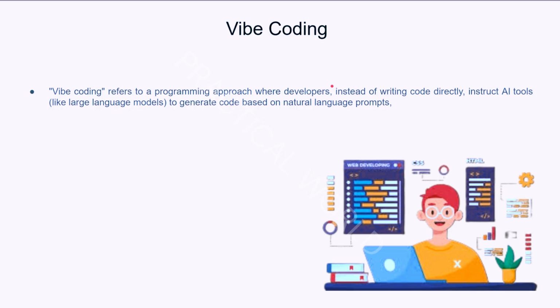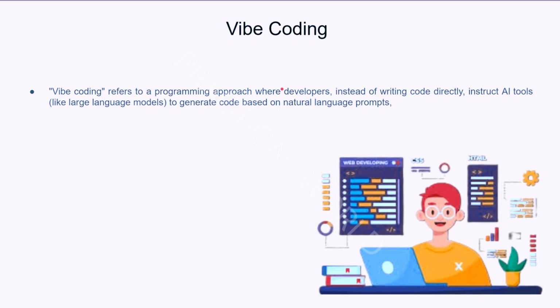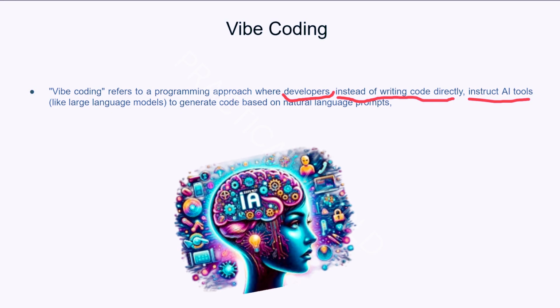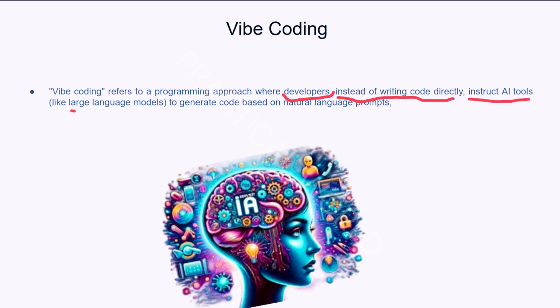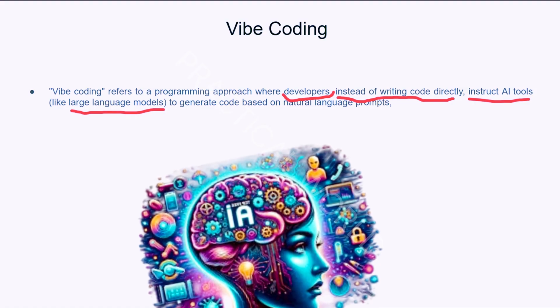Because if you are a non-tech person, you have no knowledge about how to code, so how will you give suggestions to an AI tool? So what developers do, instead of writing code manually, is instruct AI tools, also known as LLMs, large language models, to generate code based on natural language prompts.